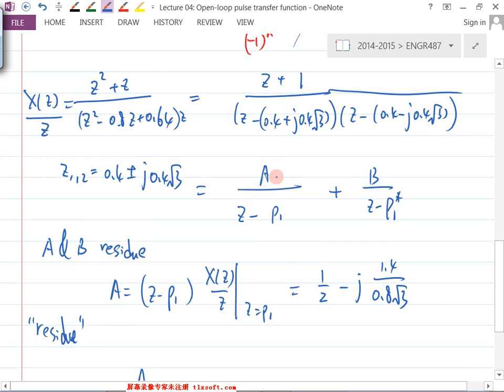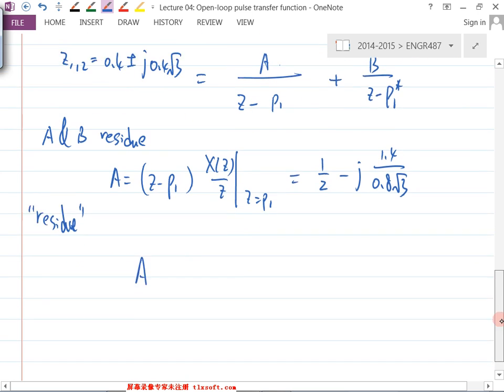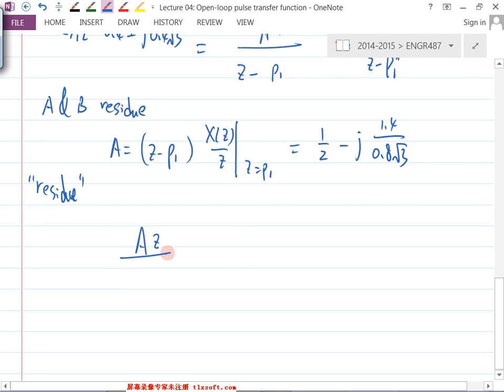So you basically get A times P1 to the power of k.